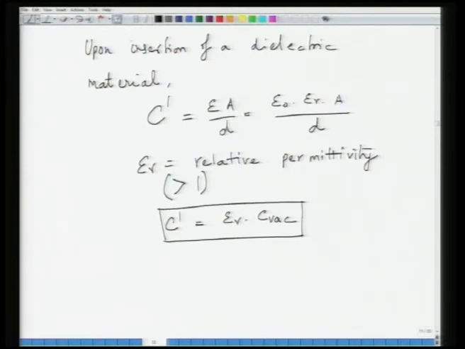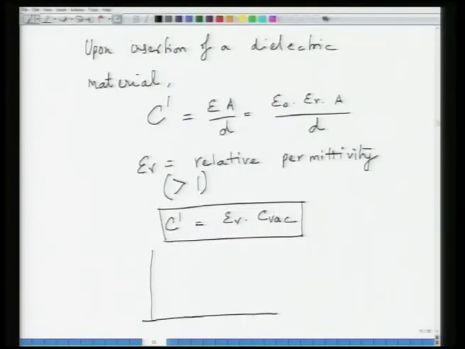So, basically what it means is that when you put a dielectric material inside a vacuum capacitor, it increases the charge storage capacity of that particular capacitor. And so, what it signifies at the moment is some sort of interaction between the material and the electromagnetic field. There is something happening at the atomic scale, or at the fundamental scale, which leads to increase in the charge storage capacity, and we will venture into that a little later in the module.